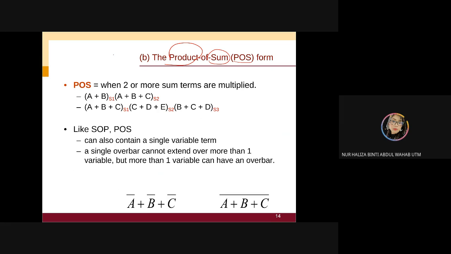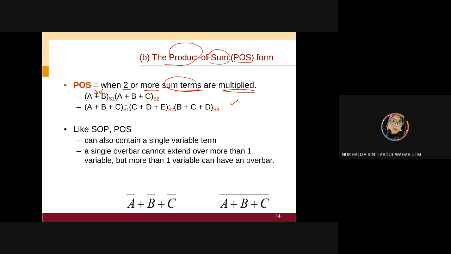POS: when two or more sum terms are multiplied. Bila you ada 2 atau lebih terms, sum of your terms, which is jumlah yang you adding kan. Sum of terms, you multiply it. You akan darabkan dia. That is called POS.